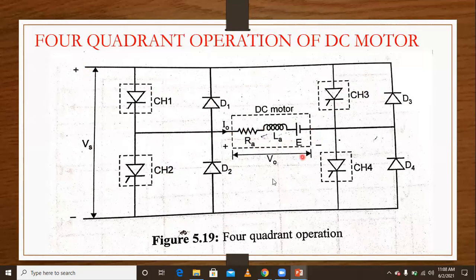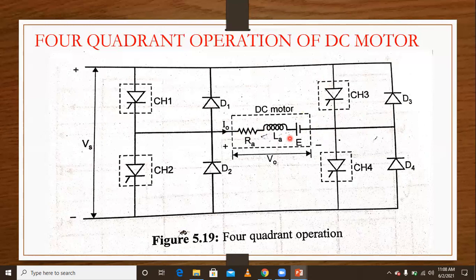The positive is connected to negative, and negative is connected to positive. With CH3 on, the load gets connected to the source voltage Vs, so that both output voltage V0 and load current I0 are negative. Am I right? It gives the third quadrant operation.